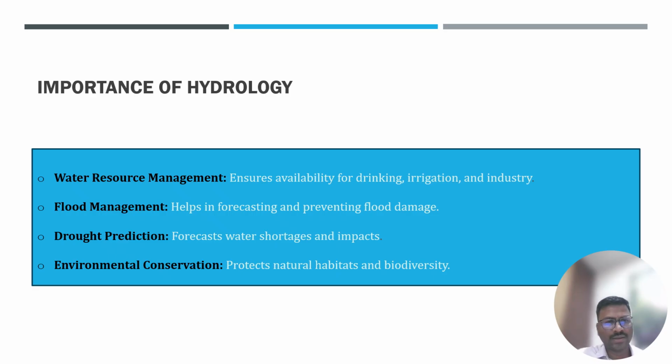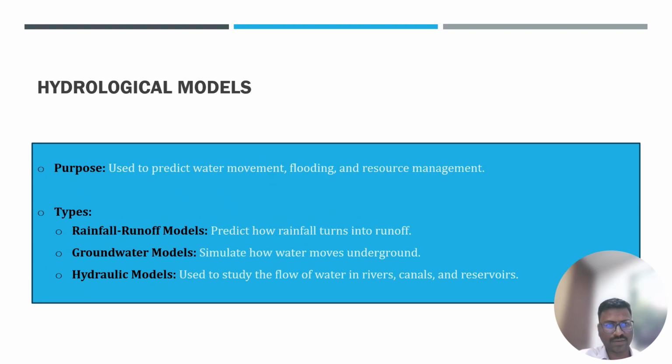Then drought prediction: it will forecast if there will be high flood, if we have developed the EWS, that is the early warning system. Environmental conservation protects natural habitat and biodiversity. So these are the main importance of hydrology.